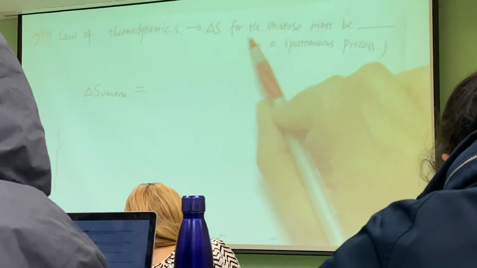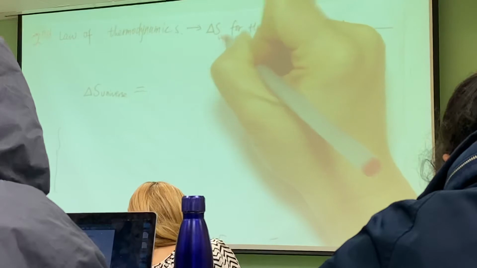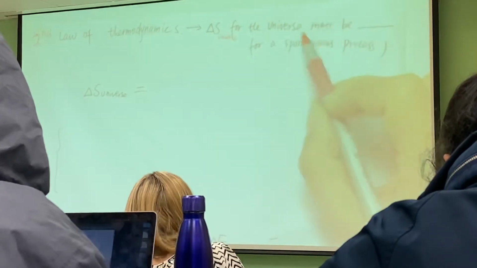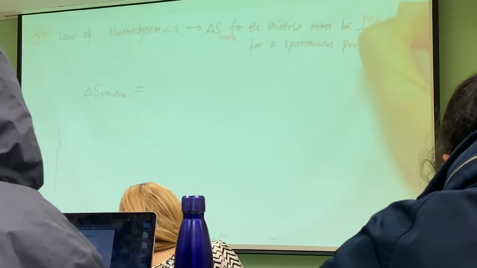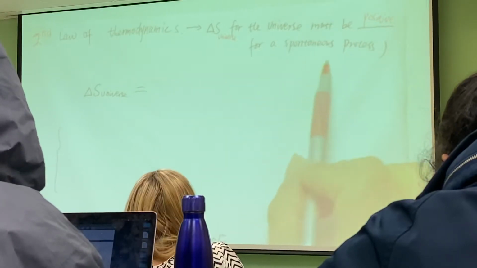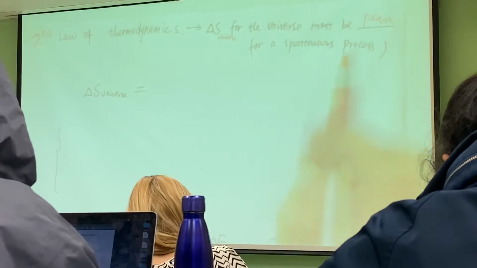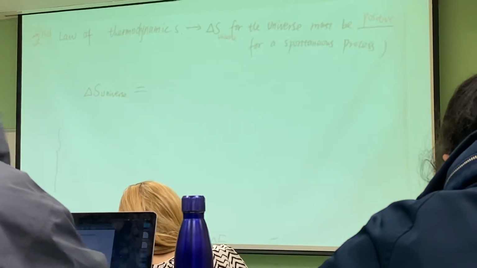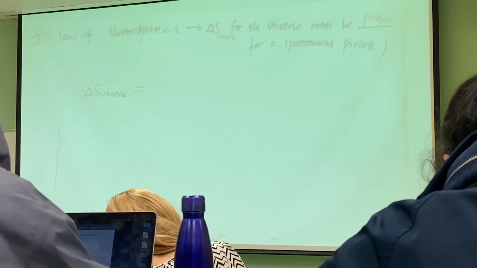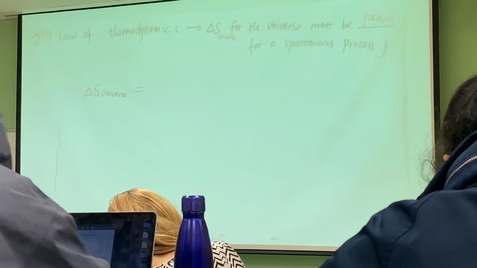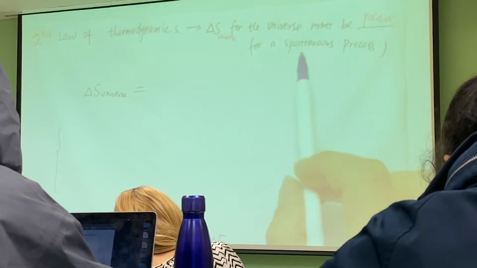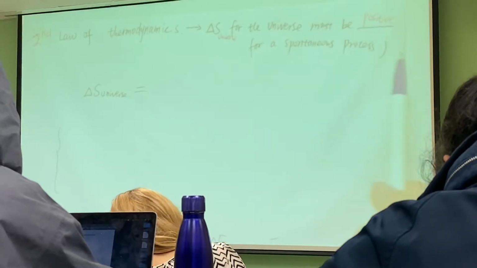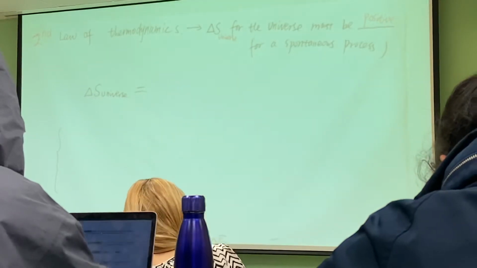The delta S universe must be positive for a spontaneous process. So we already know if a process wants to be spontaneous, for a system it should be positive. Same thing for the universe. If something wants to happen spontaneously, you must get a positive delta S universe.